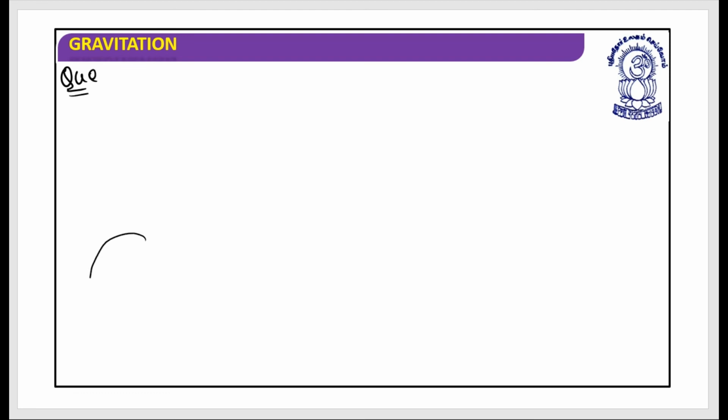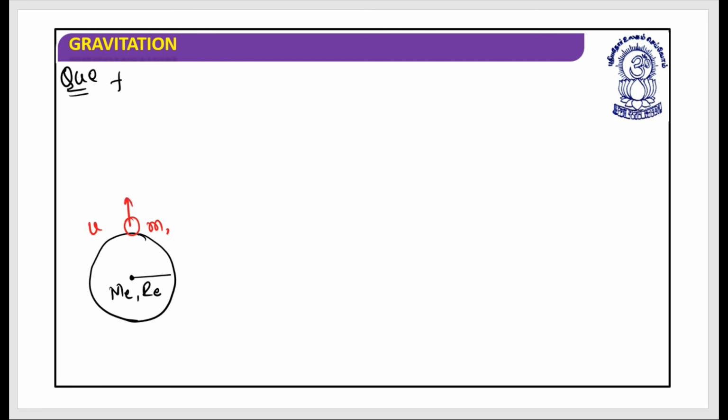Let's suppose Earth is there, and this is the center of the Earth. This is the radius, RE. Mass of the Earth is ME. Now from this surface, a small object having mass m has been thrown in the upward direction with velocity u.